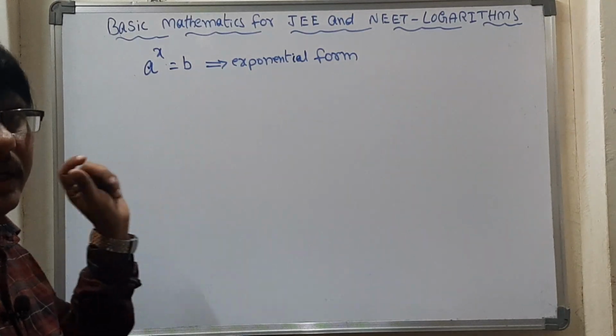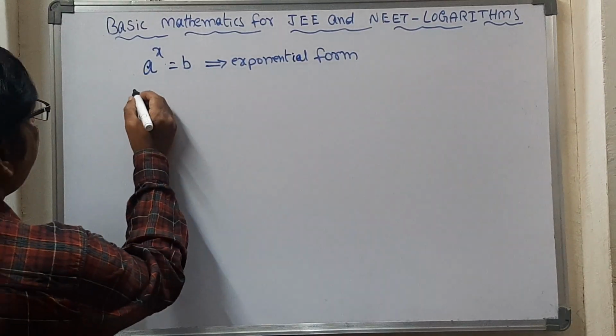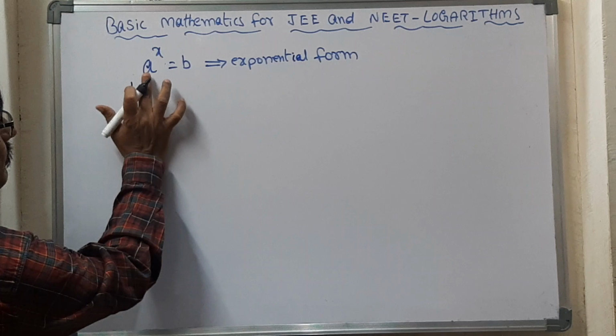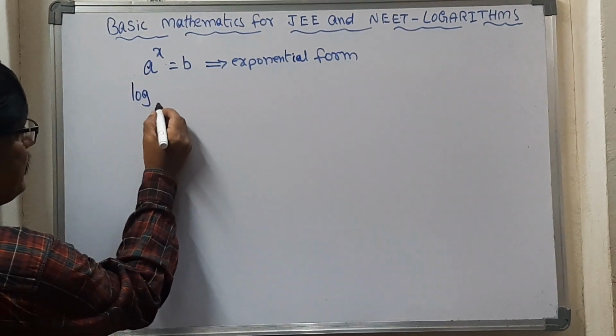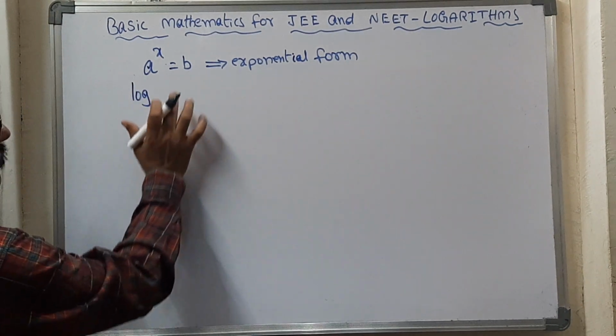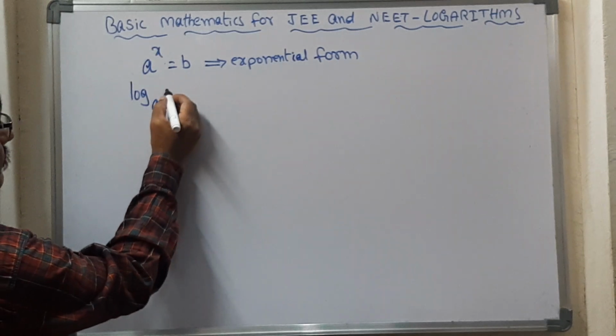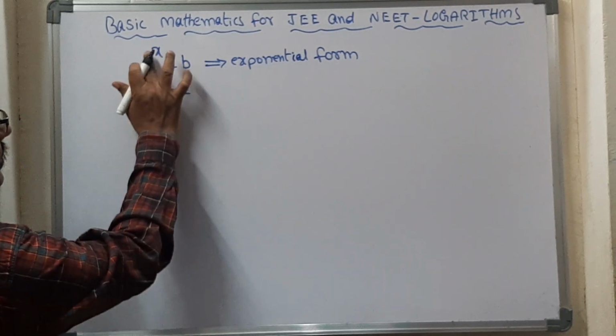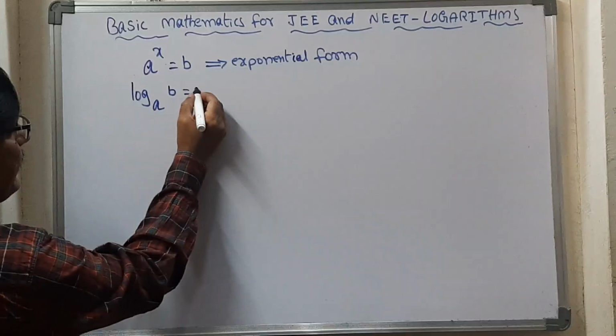This exponential form, let us now write in the form of a logarithm. Logarithm in short we can call log. Here, what is the base in the exponential form? a is the base, and that base we take as it is, and whatever is on the right hand side we place here. Then this is equal to the power; we switch the positions of the RHS.